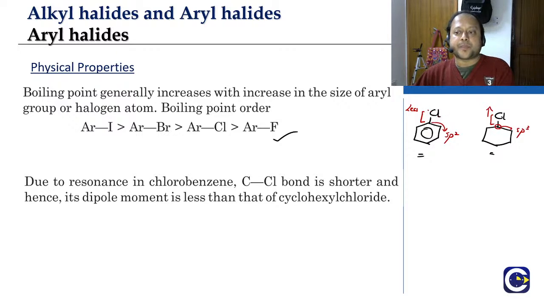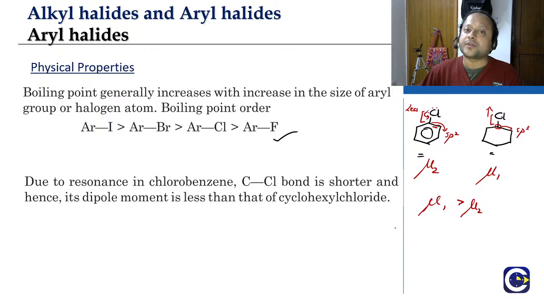And also because of partial double bond character, this C-Cl bond is going to be shorter while the other bond is comparatively longer. So if I say this is mu1 and this is mu2, mu1 is automatically smaller than mu2. This is one explanatory question you are quite often asked in paper, right? I hope this is clear.